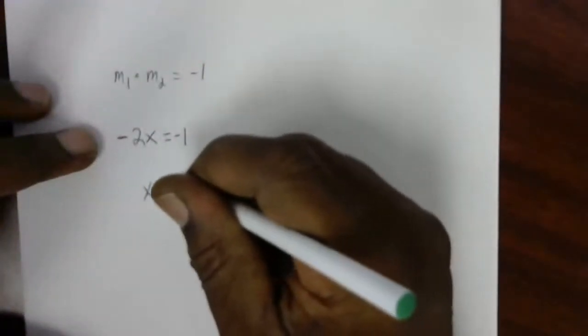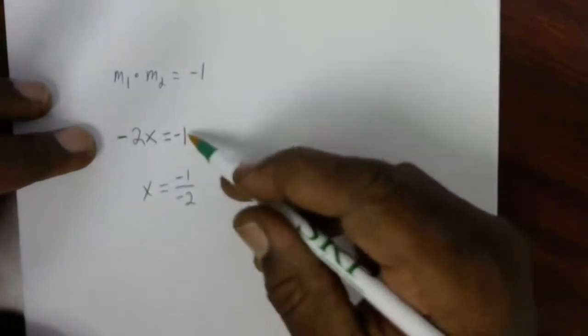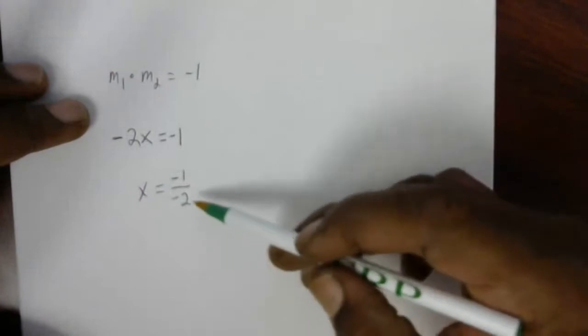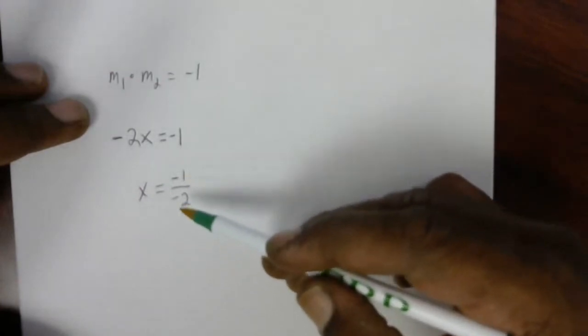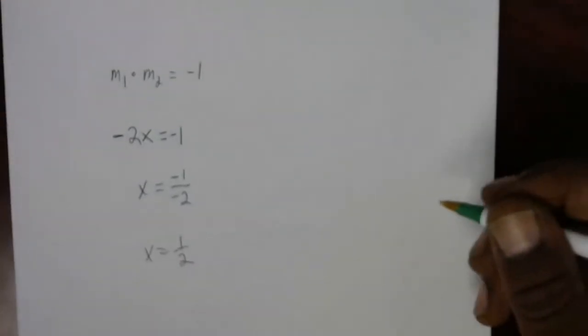So if I divide both sides by -2, and I get -1, well, the -2's will cancel on the left. On the right-hand side, the negative divided by a negative becomes a positive, so I would get 1/2.